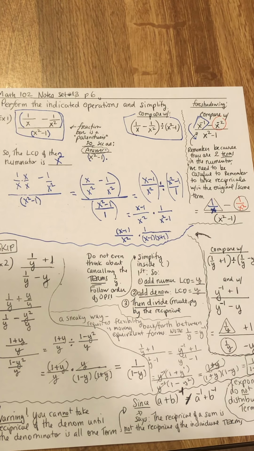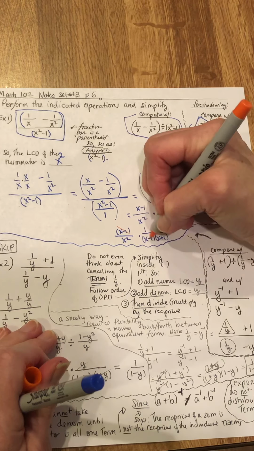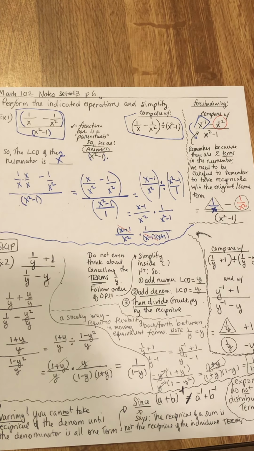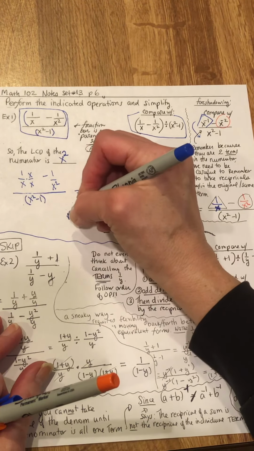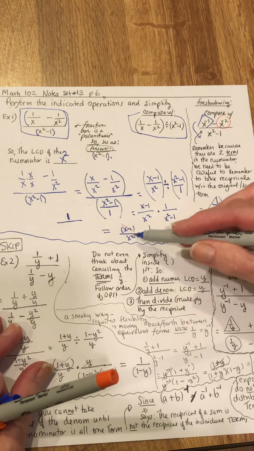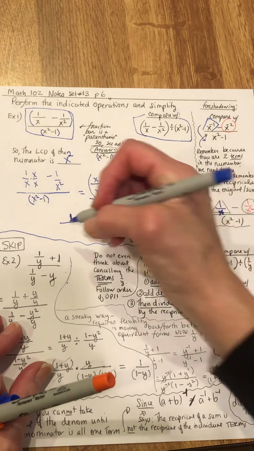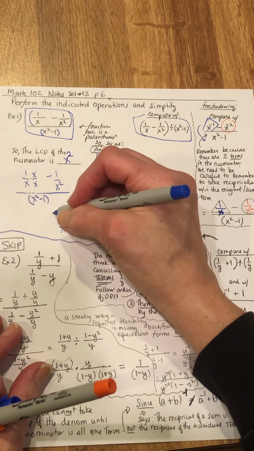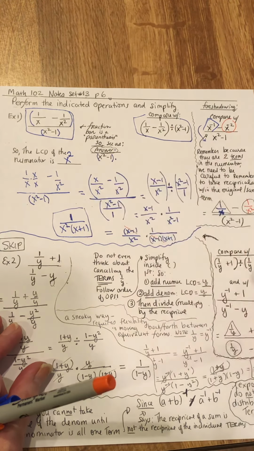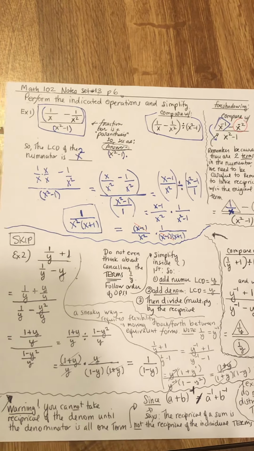And so I do see that I have some identical factors. And so I'm going to have to go this way. I have 1 left in the numerator over x squared times x plus 1. So that's the reduced form.